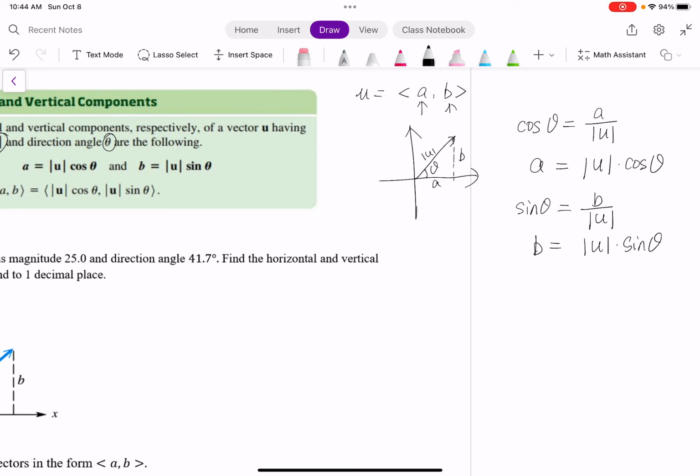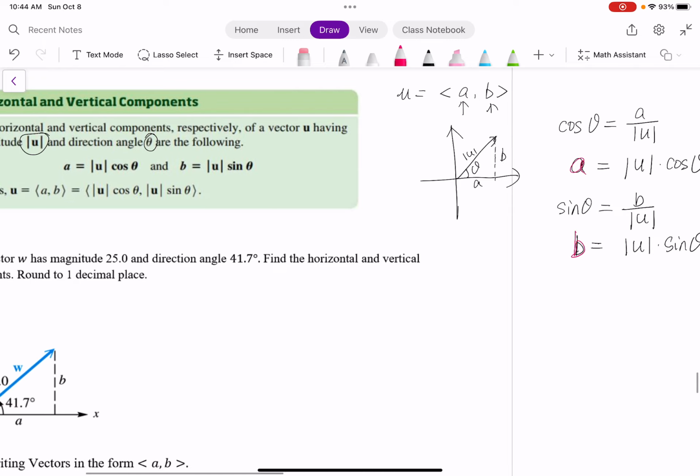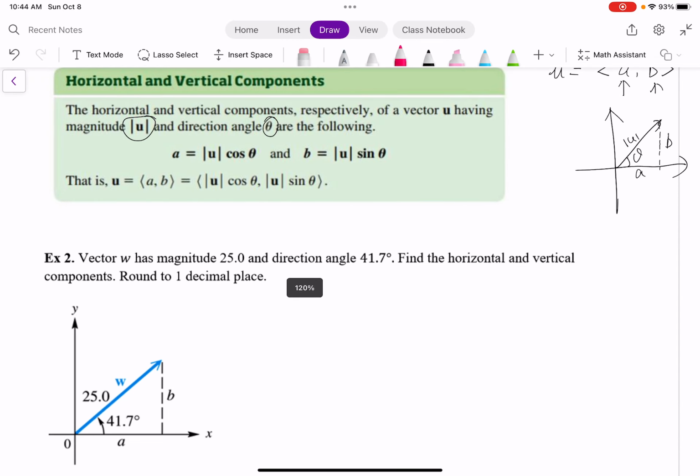All right, if the magnitude of u and the angle theta are given, I can find a's value and b's value. So here is the formula.